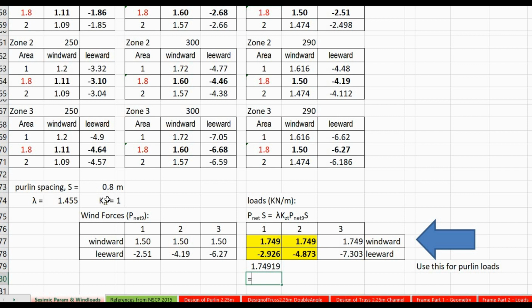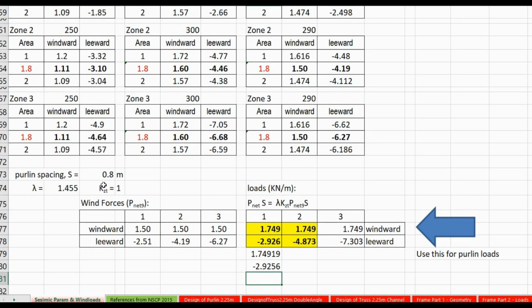That is equal to 1.455 again. This time, we use negative 2.51 times, nakalimutan ko yung KZT, times spacing na 0.8. Okay? So, ganyan. That's also how you do for zone 2 and zone 3.